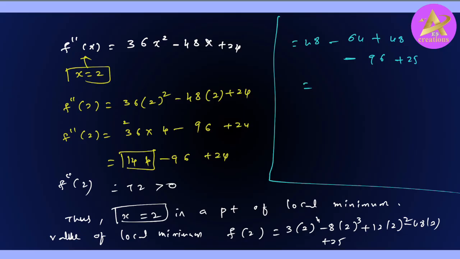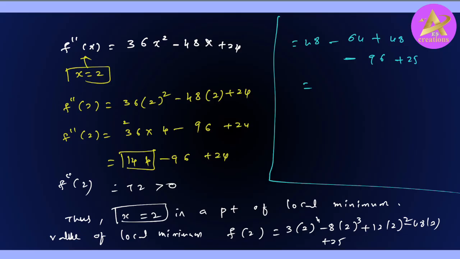We have to simplify this value. 48 minus 64, how much do we get? We get minus 16, and plus 48.